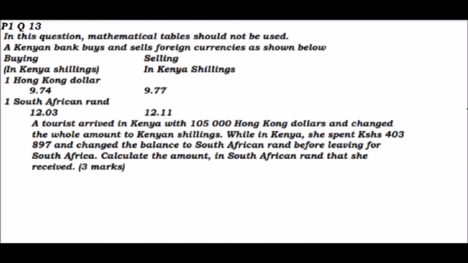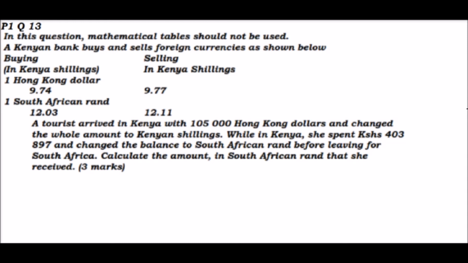So we are given that Hong Kong dollar buys at 9.74, sells at 9.77. One South African rand, this is buys at 12.03 and sells at 12.11.